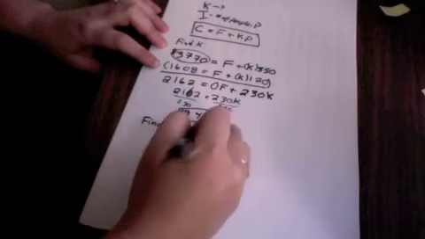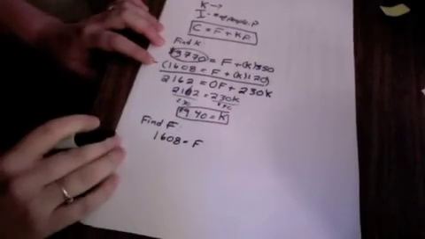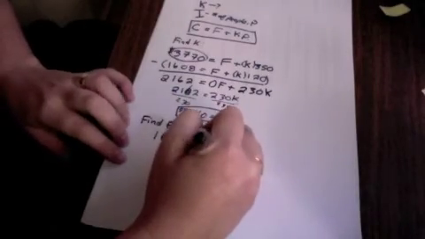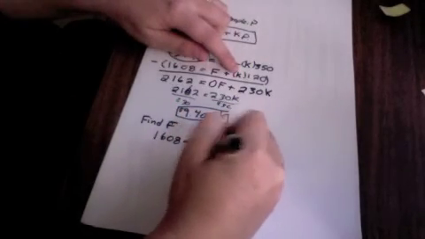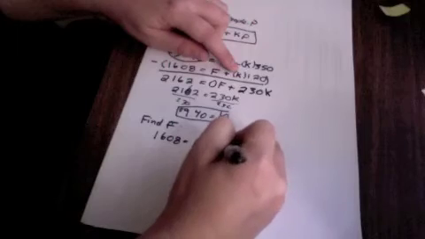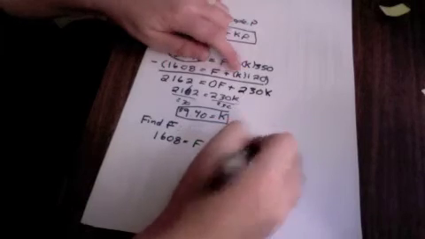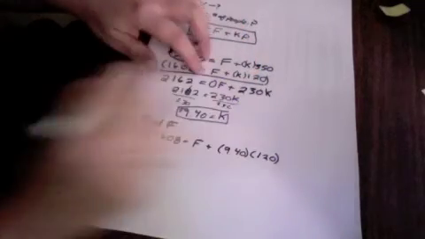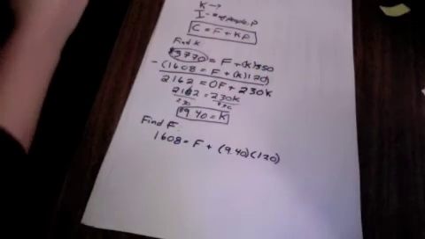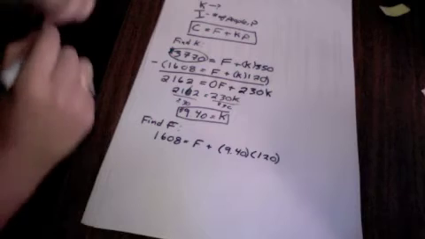So we can say $1,608 equals F. Still don't know what that is, but we can figure it out. Plus K, which we know is $9.40, times 120. Now it'll work with either one. I just chose the smaller one because it's smaller numbers to work with.